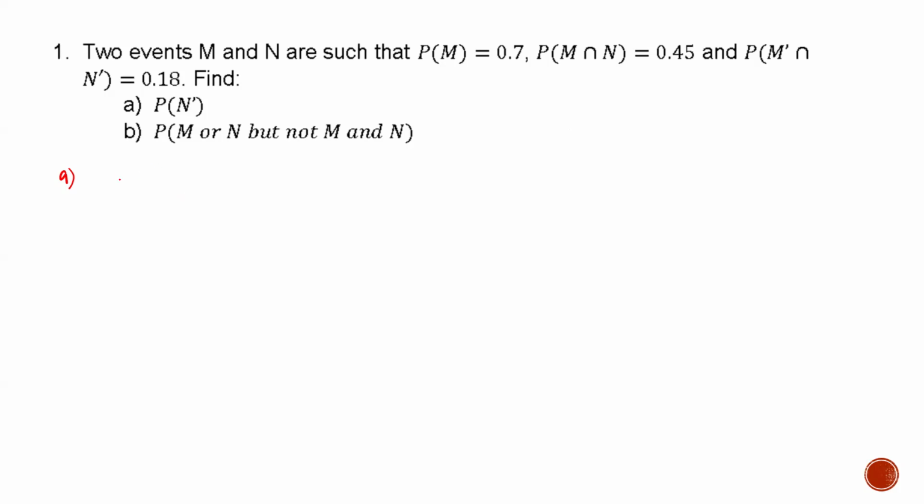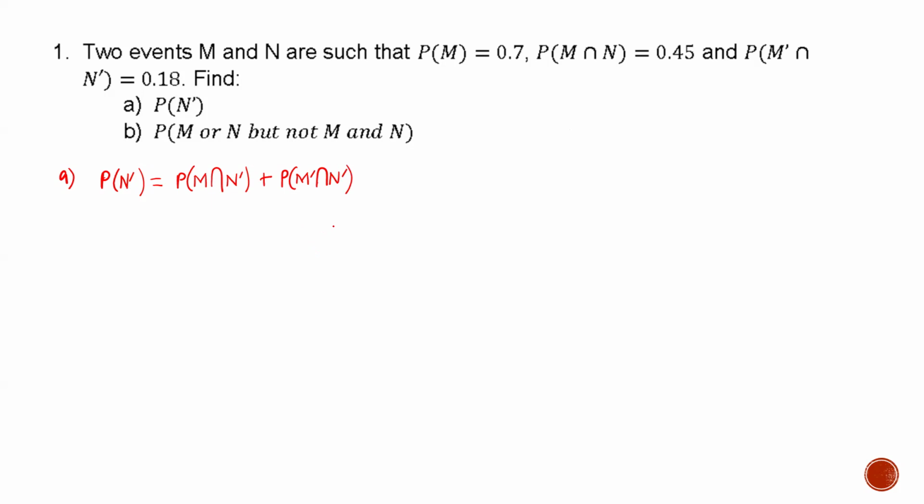So first, you could start by saying that the probability of N complement is, in fact, the probability of M intersection N complement plus the probability of M complement intersection N complement. Why is this true?